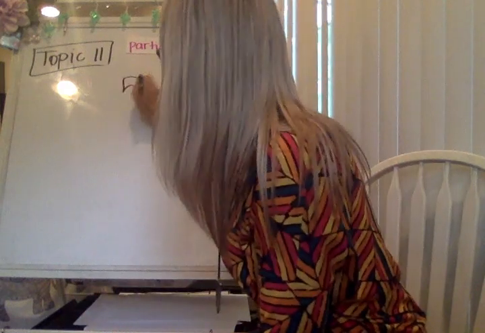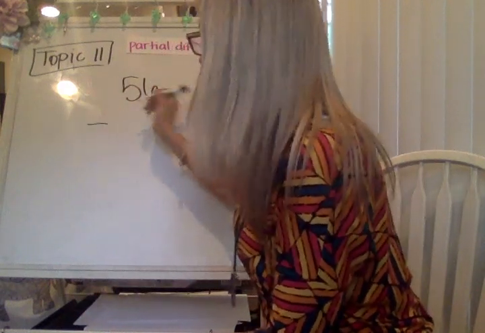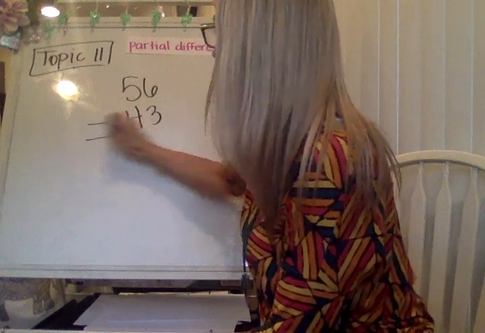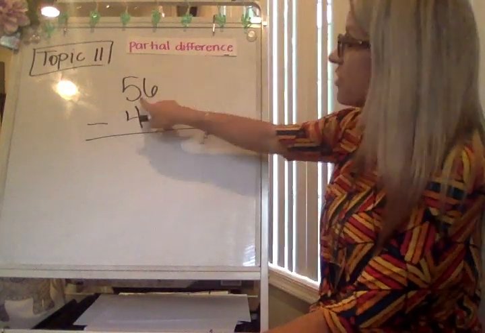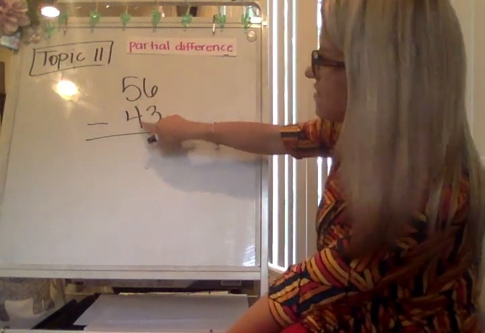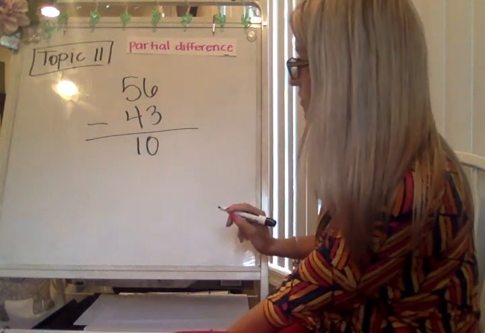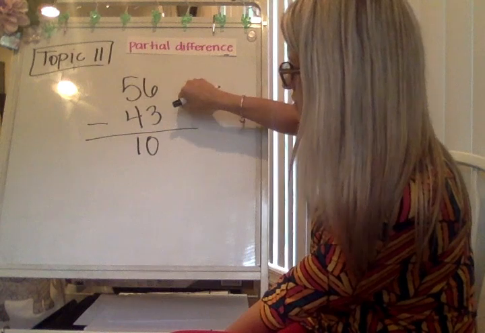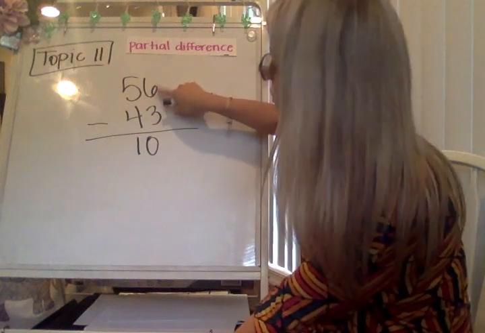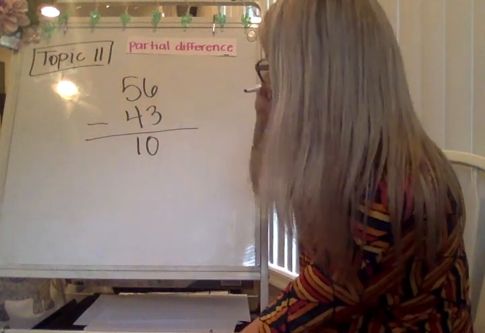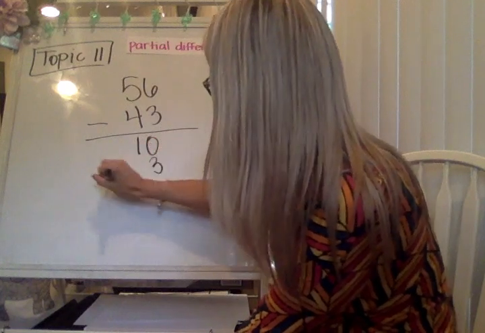So if I had 56 minus 43, let's say, I would start with subtracting my tens. So 5 tens minus 4 tens is 10. Yeah, 10. 6 ones minus 3 ones is 3.